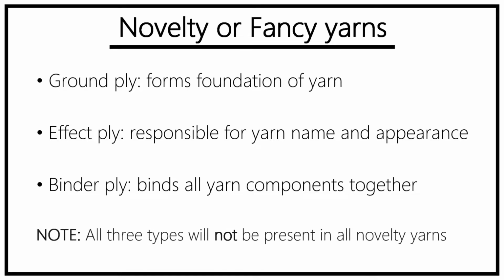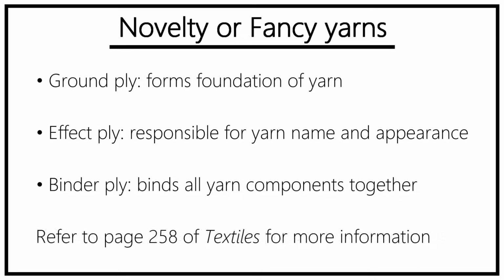These 3 categories are a good baseline for understanding novelty yarns, but it's important to note that all 3 types will not be present in all novelty yarns. For more information, please refer to page 258 of Textiles to read more about the characteristics and performance of novelty yarns.